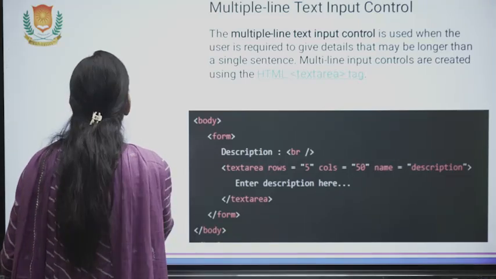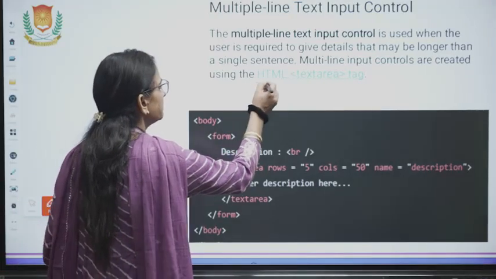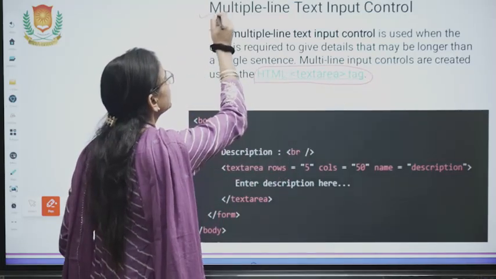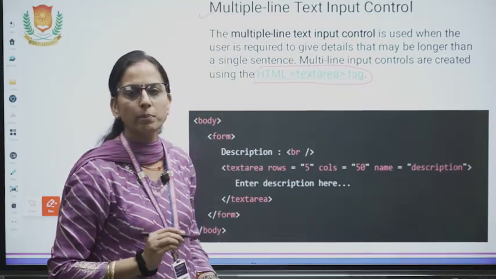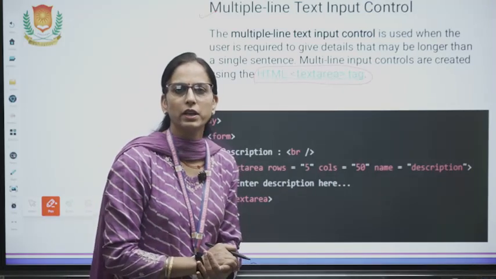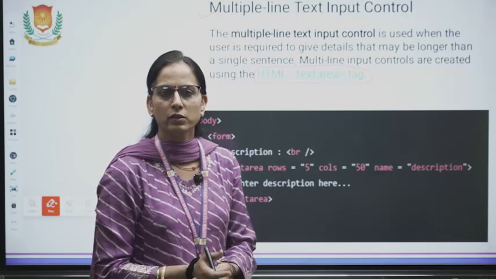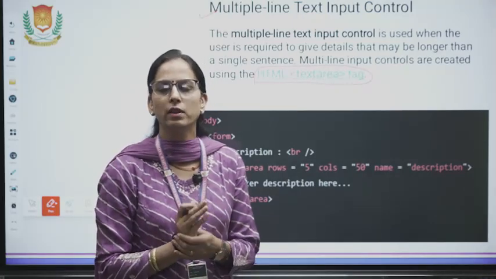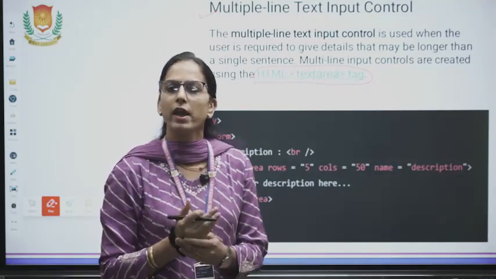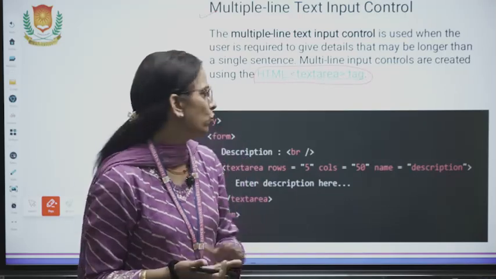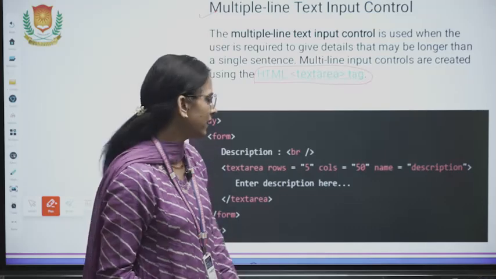When you need to write more than one line, then we should choose the multiple line text input control. They are basically used when you need to give feedback about some particular area, or fill in the remarks for a student. Whenever you need to write more than one sentence, you can use the text area tag.